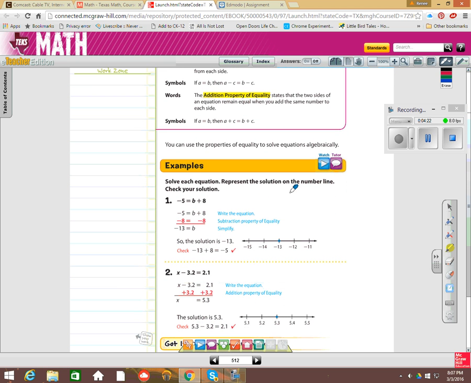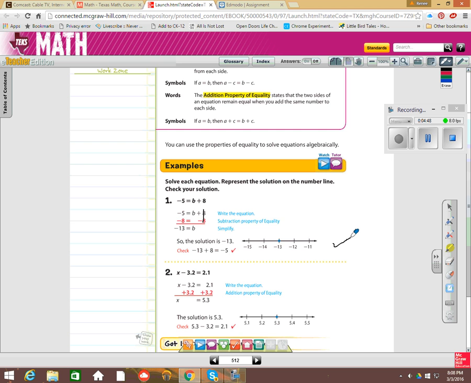Solve each equation, represent the solution on the number line. So in example 1, from that property, you know that if you add its inverse, the opposite of 8, which is -8, on both sides, that will cancel that out, leaving B equal to -5 plus a -8, -13. So here's graphed.